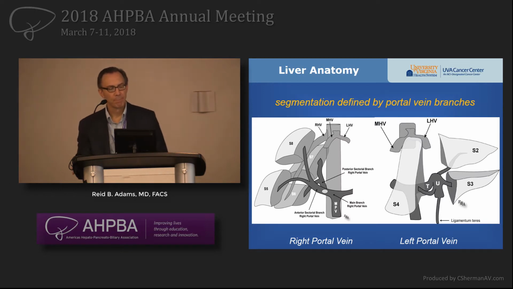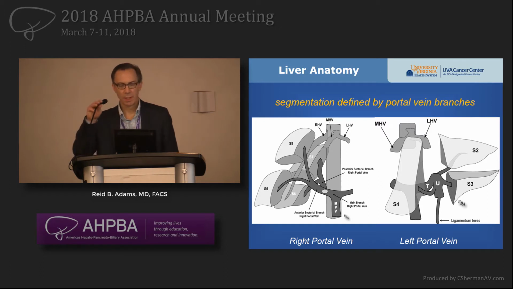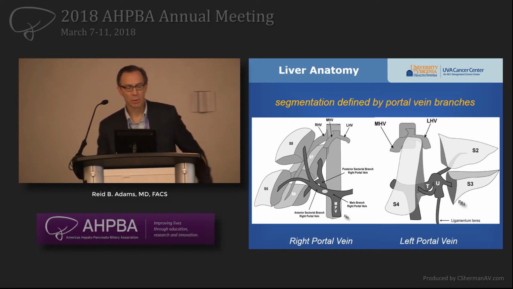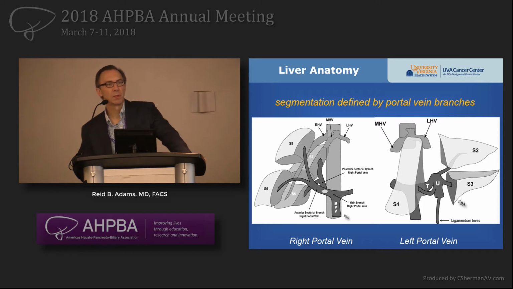Again, if you look at the right side of the liver, the segmental anatomy is defined by the portal triads. On the right, you can see the anterior sectorial portal vein supplies segments 5 and 8, and the posterior segments 6 and 7, and that's denoted 5 and 8 here, 6 and 7 here.